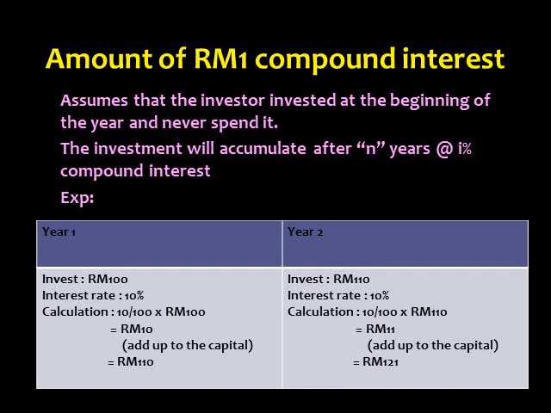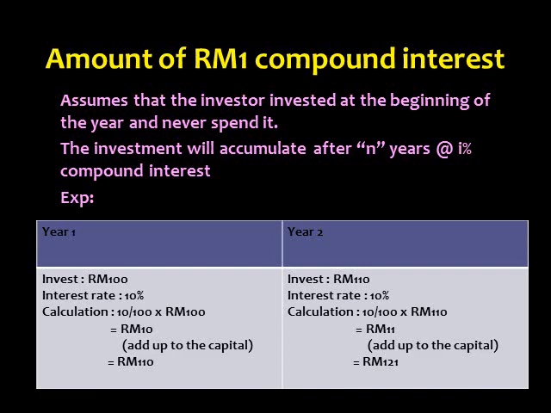So this is the example. Please refer to year 1. You invest 100, and the return is still the same as the previous example, which is 10%. We calculate 10% of 100, so you will get 10 ringgit.